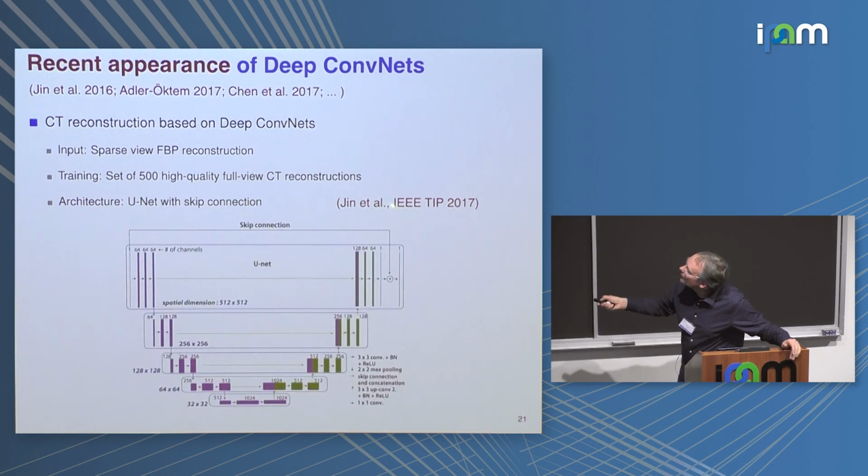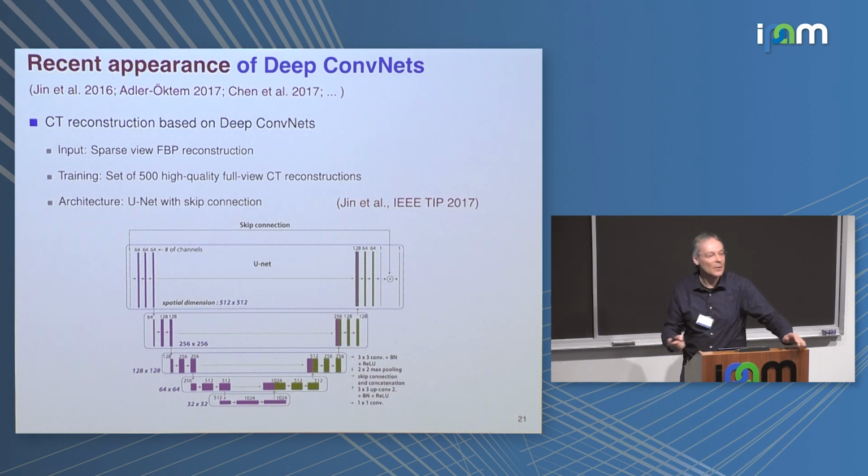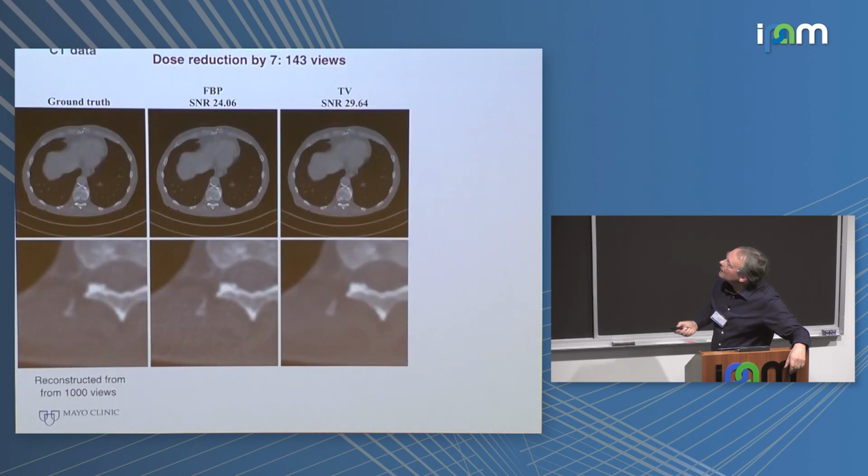And so Jin proposed to use a UNet, also with a skip connection, like we had seen, this very magical thing, the UNet, the skip connection. Actually, why you need the skip connection is because neural networks have a really hard time to learn identity. That's the very profound reason. So here you train actually the neural network to be a perturbation of identity. But anyway, okay. So here's the UNet, and then you apply it to reconstruction.